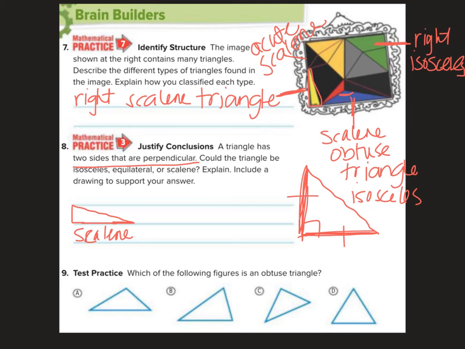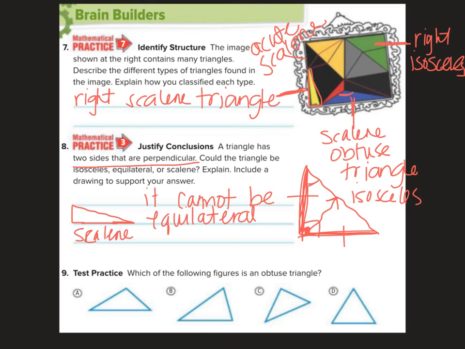Now, can it be equilateral? Could all sides be the same? No, it cannot be equilateral, for the reason that I talked about earlier, where each side is opposite an angle.